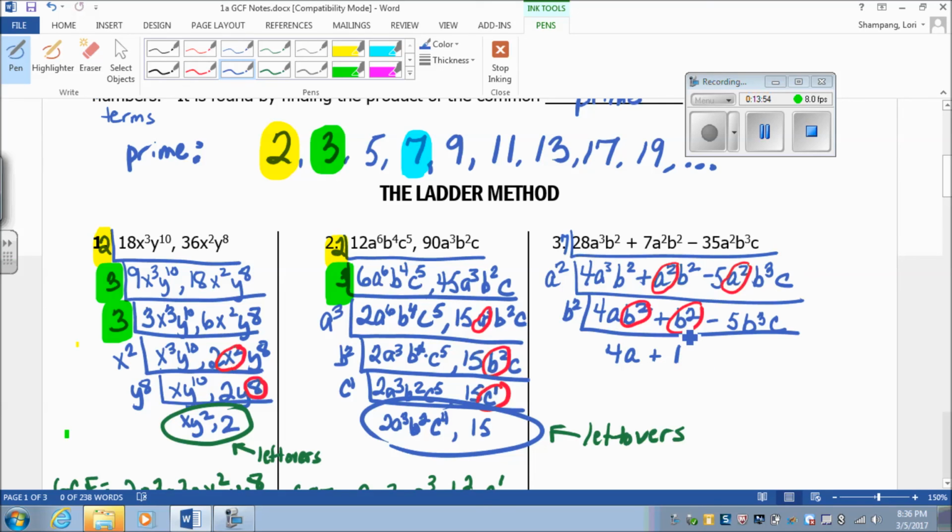It's important for you to remember that b squared over b squared is 1 minus 5b times c. Now, are there any variables that are common that we can pull out common factors? Well, no. We've factored this as much as it can go down. So let's look. These are going to be our leftovers.